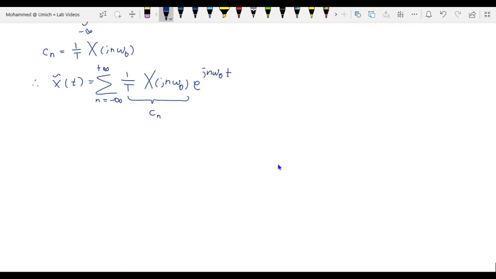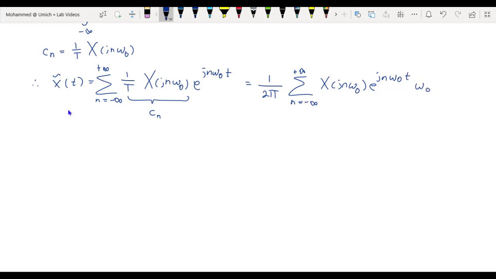Now, since 2 pi over the period T equals omega naught, we can rewrite this as 1 over 2 pi times the summation from n equals minus infinity to plus infinity of X of j n omega naught e to the power j n omega naught t times omega naught.